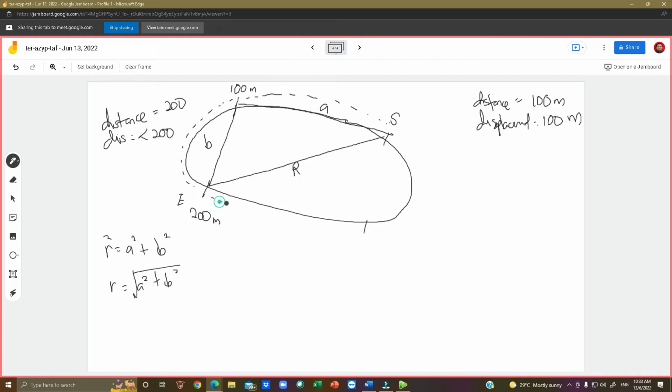Okay, now let's see the runner continue running to 300 meter. Now the distance will become 300. However, the displacement is from the ending to the start in one straight line. So kita dah ada R tadi, kita cari ukuran kat sini pula. So ukuran dekat sini most of the time is going to be less than 100 lah.